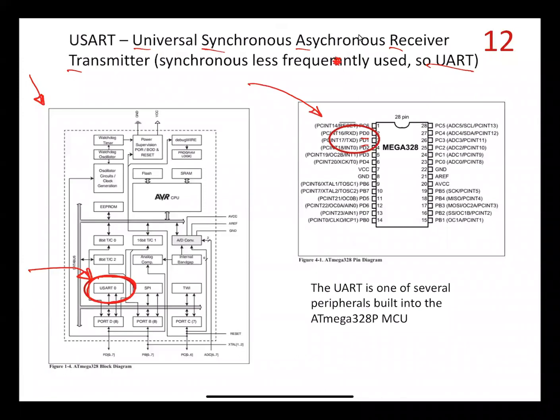And so what we're going to be doing is drawing out explicitly 2 of the functions of pins 2 and 3 on the chip. Those pins can be used as PD0 and PD1, or they can be used as the receiver and transmitter associated with the UART once we enable the UART. And so the key here is whether or not the UART is enabled. If it's disabled, it's essentially powered down.